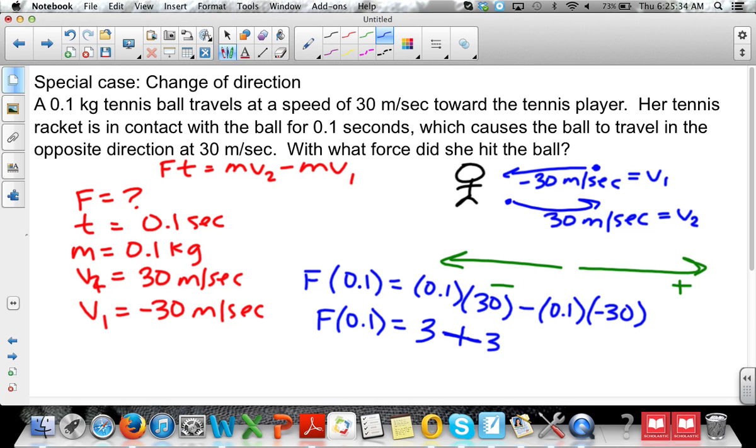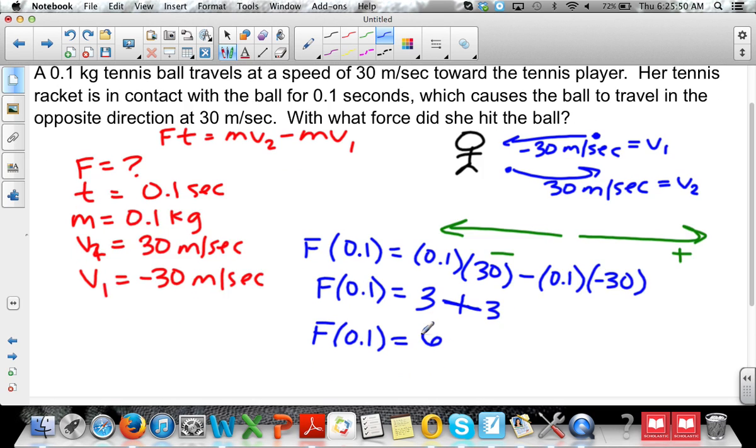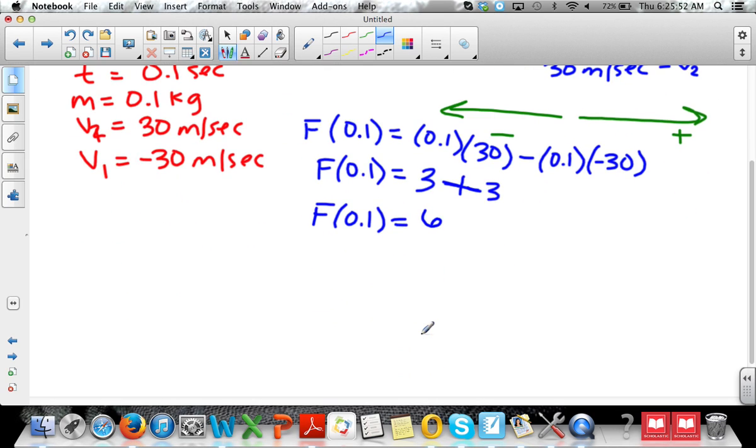So really I've got that my impulse, F times time, equals 6. We will have to divide to solve for F. Now I get that F is 60 newtons.